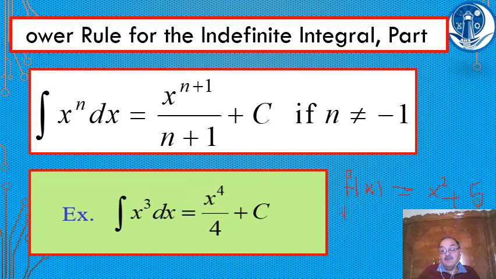Then dy by dx equals 2x, and the derivative of 5 is 0. Very good. Then dy equals 2x dx.